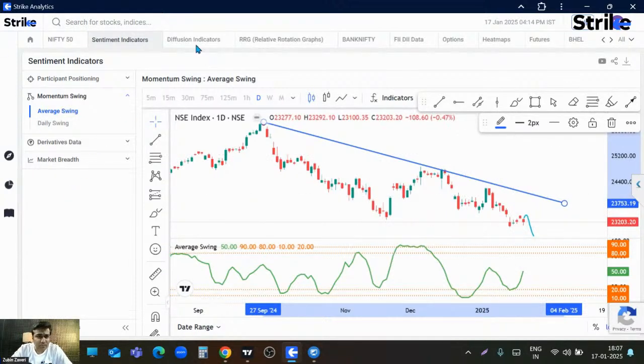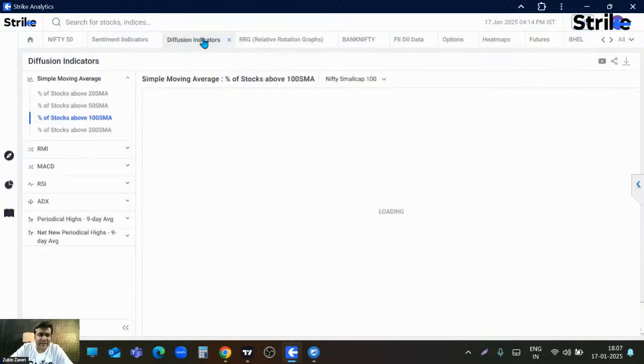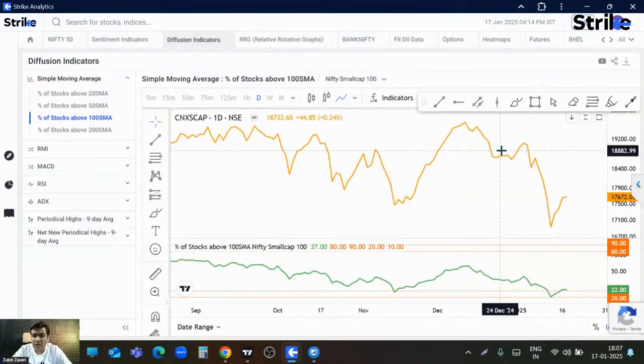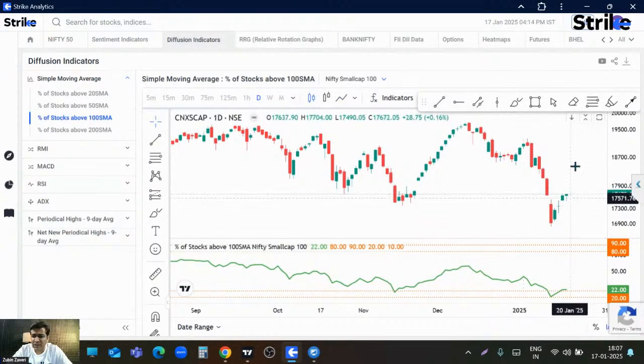On the diffusion indicators, what I can see is the percentage of stocks above 100 SMA. So trying to get some medium term outlook for the market. And right now the index chart that you can see is Nifty Small Cap 100.